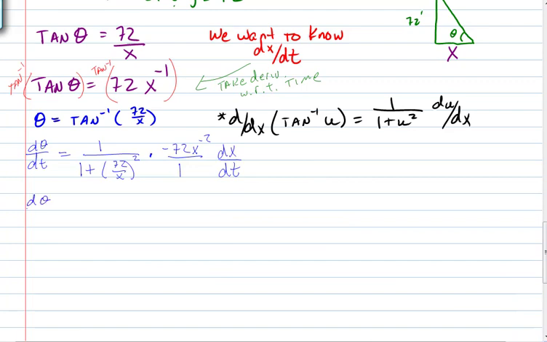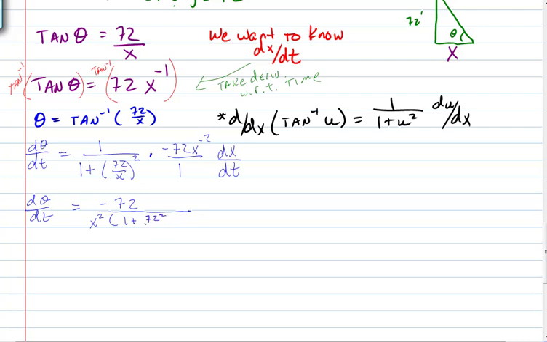So we have d theta dt is equal to negative 72 over x squared times 1 plus 72 squared over x squared. What's 72 squared? I don't know either.